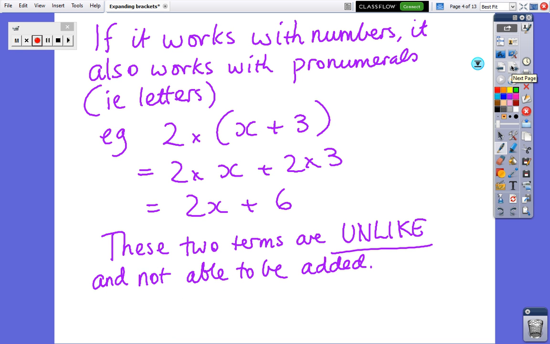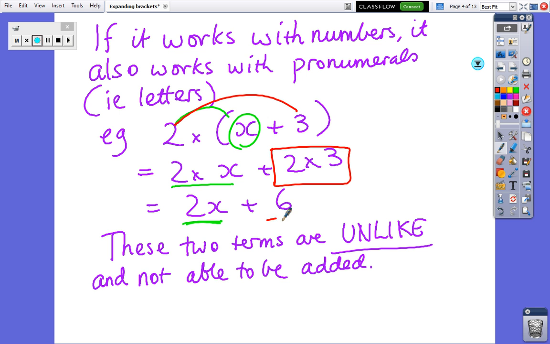So, if it works with numbers, it also works with pronumerals. So if, instead of having numbers, one of the terms is a letter, I'm still going to go 2 times x is 2x. Okay, 2 times x equals 2x. And then with the second part, I'm going to go 2 times 3, and 2 times 3 equals 6.